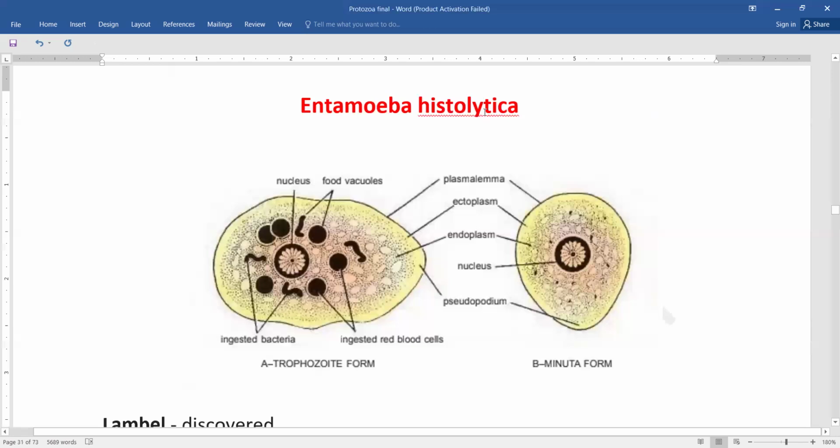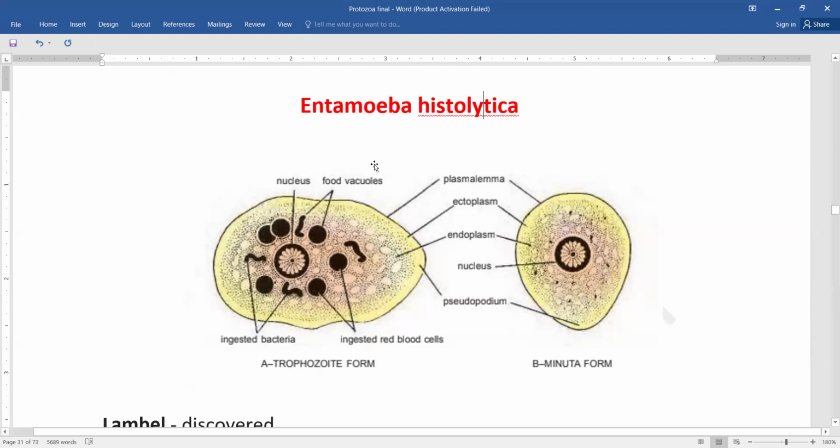Zoology entrance examination syllabus, they have given it simply as protozoan parasites. So here I have given some important protozoan parasites, their pathogenicity, and the drugs used for their cure.